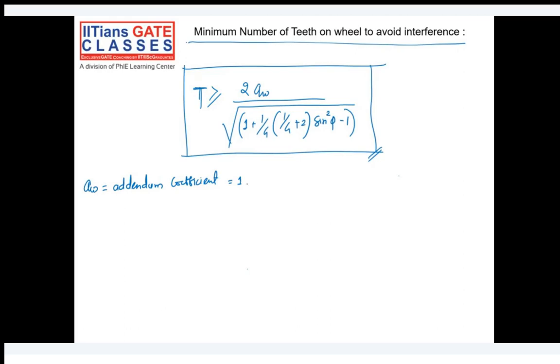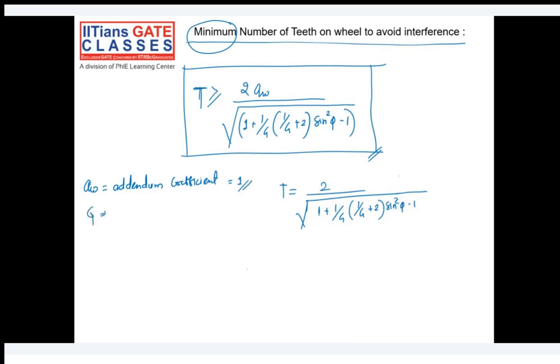So how will this formula change? T should be equal, I'm using the limiting case, that's why I'm writing equal to, because we are talking about the minimum number of teeth. So it's 2 times under root of 1 plus 1 upon G into (1 upon G plus 2) into sin square phi minus 1. Okay, what is this G?